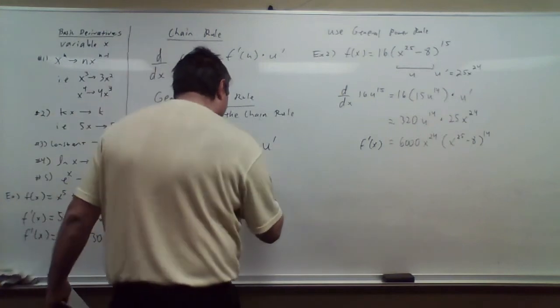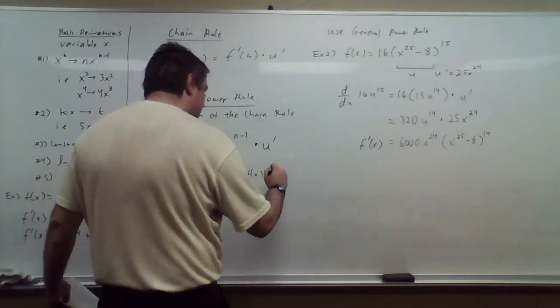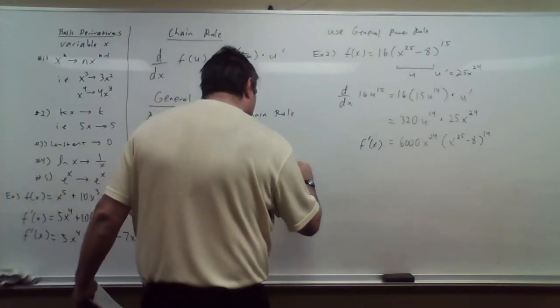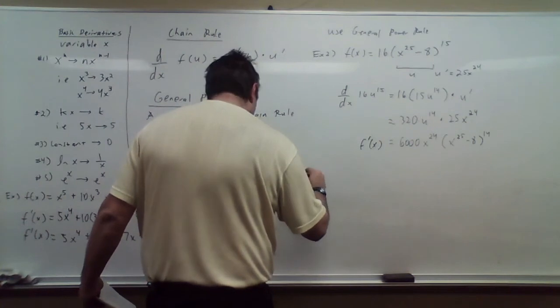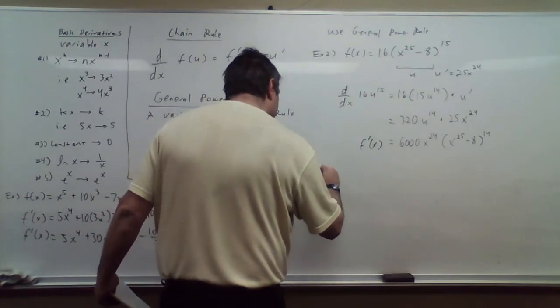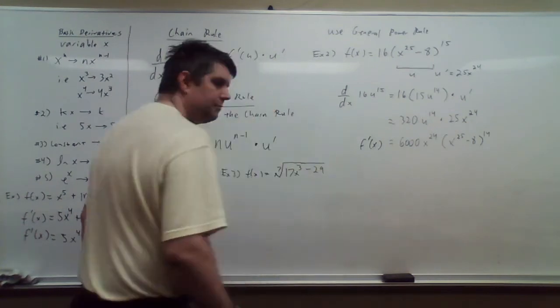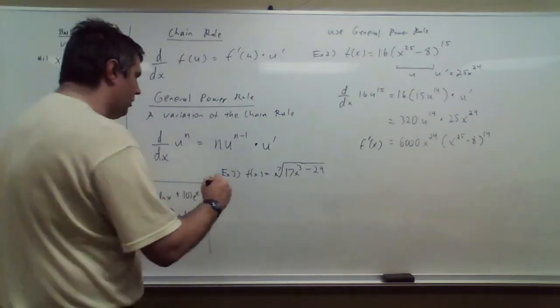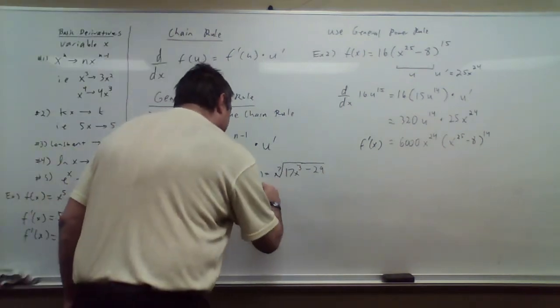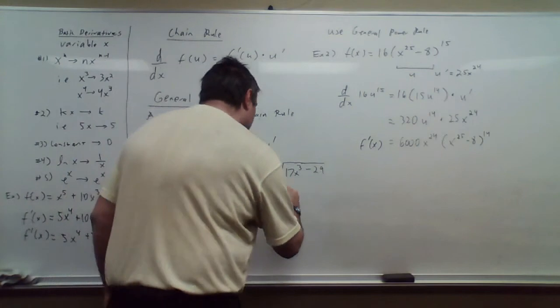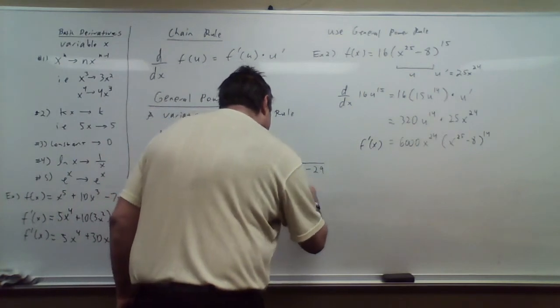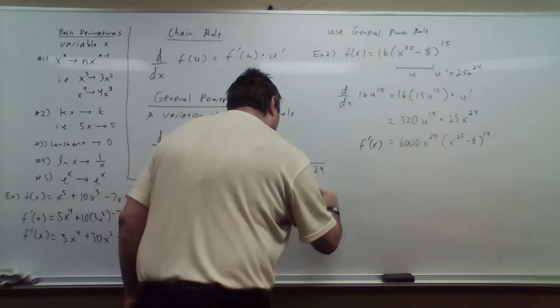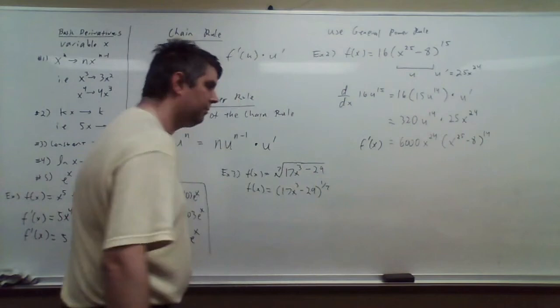So here's example 3. I have f of x equals the 7th root of 17x cubed minus 29. Well, folks, f of x is equivalent to 17x cubed minus 29 to the 1/7 power.